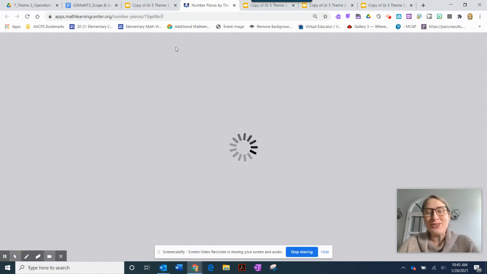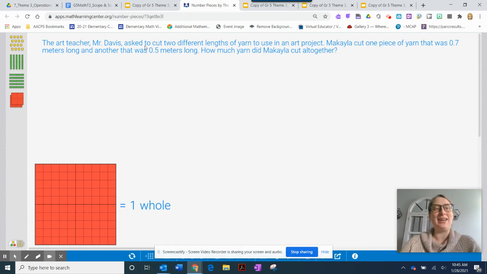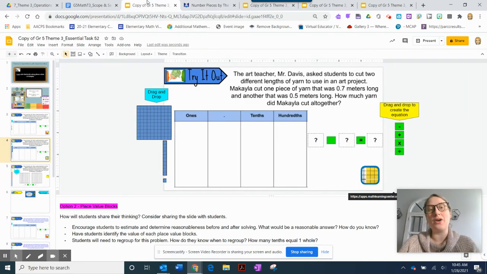Sorry, I don't know why my computer's going so slowly all of a sudden. Okay, here we go. So the problem is here, and I've also notated what one whole is. When we're using place value blocks, we need to constantly be referring to what our whole is, because as we know from our other decimal units, the value of these can change.